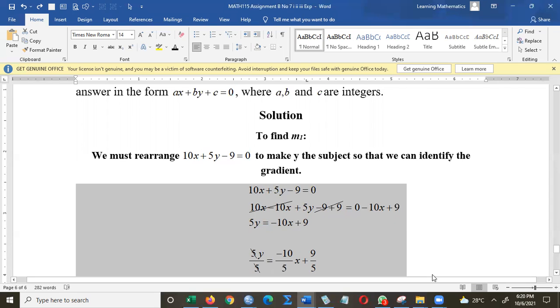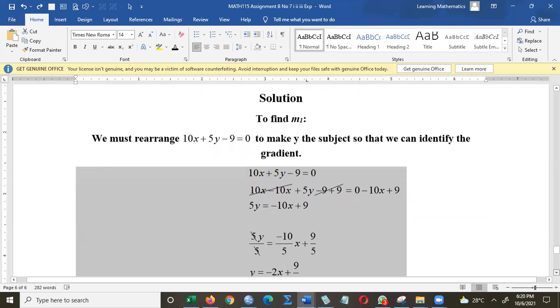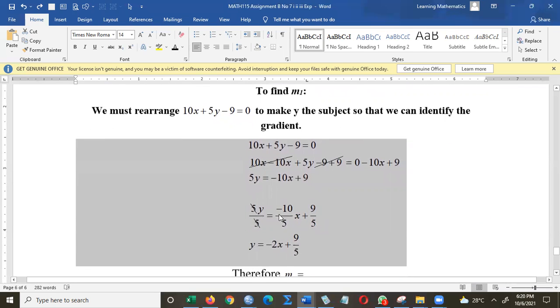And then we divide by 5 on both sides to make y the subject. Divide negative 10x by 5 to get negative 2x, and you have the 9 over 5. This is c. We don't really need it. What we need is the gradient, which is negative 2. The lines are parallel.